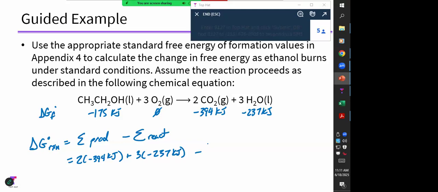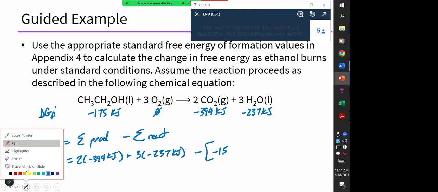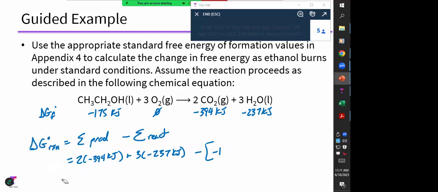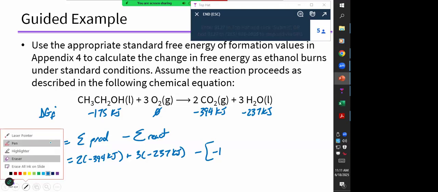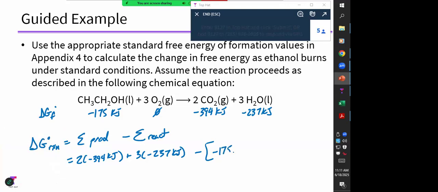On the reactant side, I have negative 175 kilojoules for the ethanol and 3 times 0 for the oxygen.